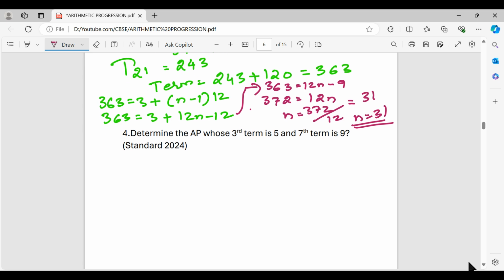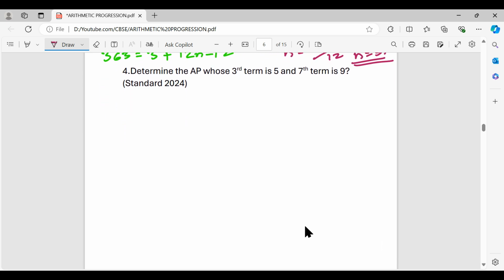Now here, determine the AP whose third term is 5 and seventh term is 9. This question has already come in the standard paper 2024. So here your question is you have to determine the AP, which means we are going to form the sequence. What are the numbers that will come here?